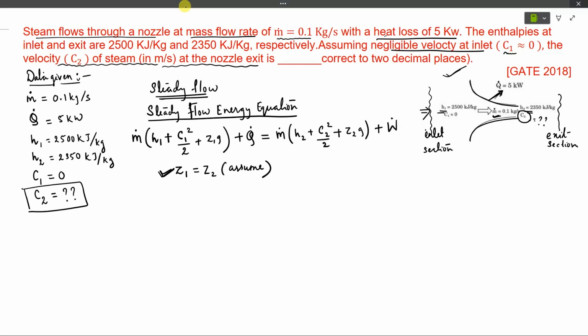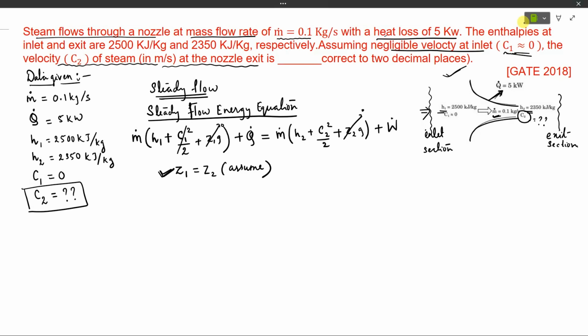So we neglect Z1g and Z2g from both sides of the steady flow energy equation. Next, C1 is given as approximately equal to 0, so we cancel C1 square by 2.